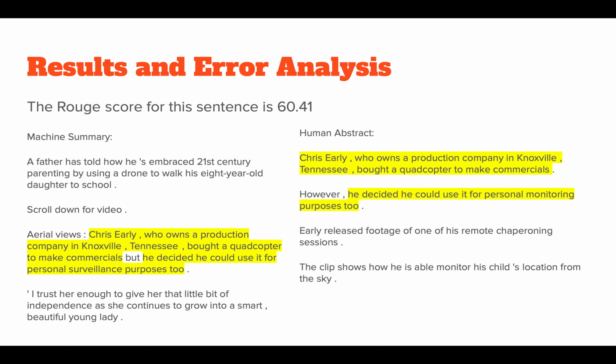The problem for the machine summary is that it actually picks a sentence, "scroll down for video," which is not that good and does not contribute to the final accuracy of the model.